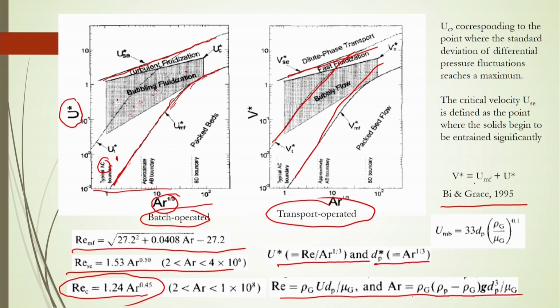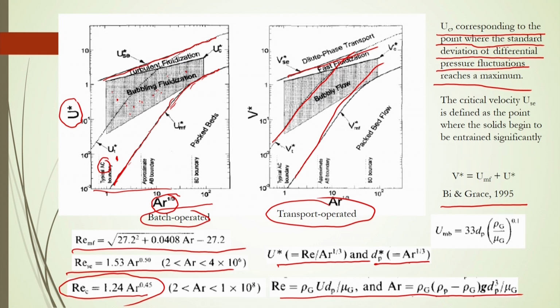And here of course, you will see one term, Uc. Uc is a very interesting point. This Uc corresponds to the point where the standard deviation of differential pressure fluctuation reaches a maximum. In the fluidized bed, whenever it is operated under a certain operating condition, the pressure fluctuation inside the bed will be there.